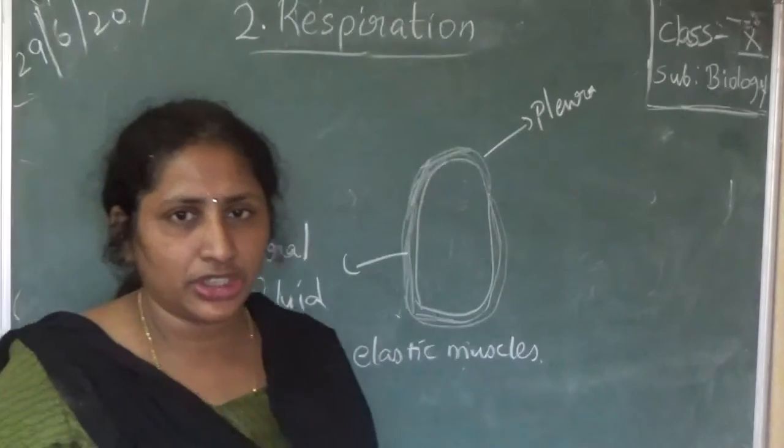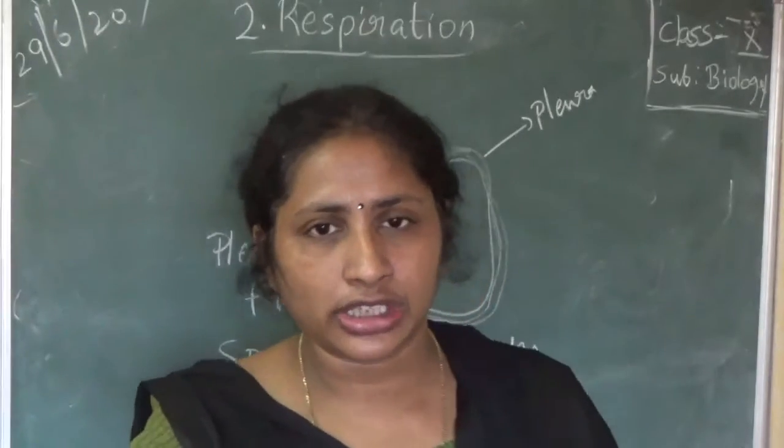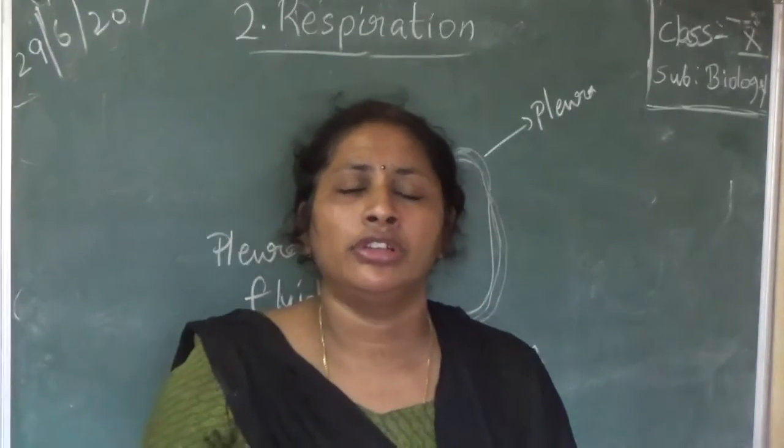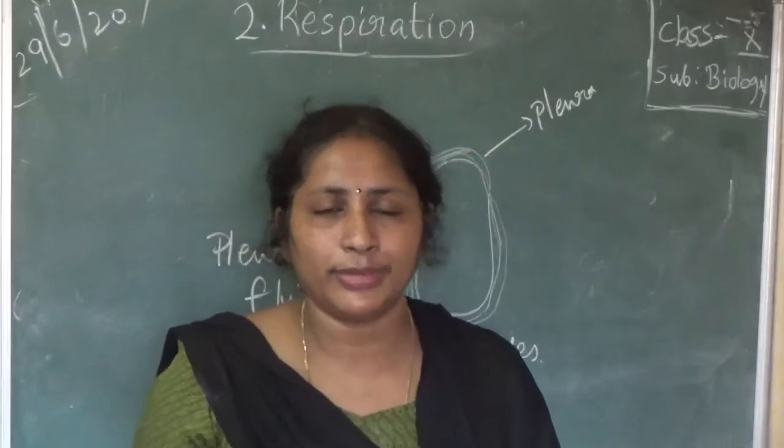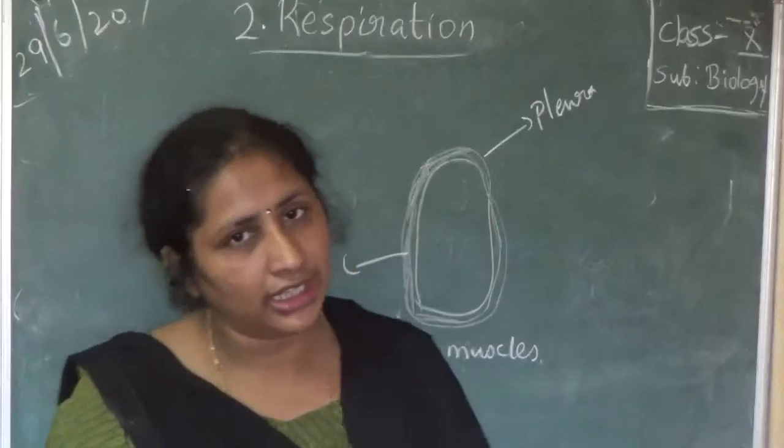Okay, so the function of pleural fluid is to protect the lungs from external shocks and to remove the friction between the spongy and elastic muscles of the lung.